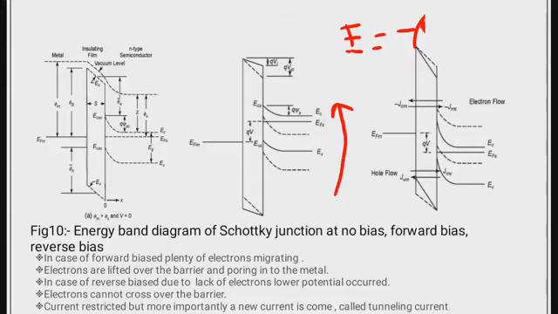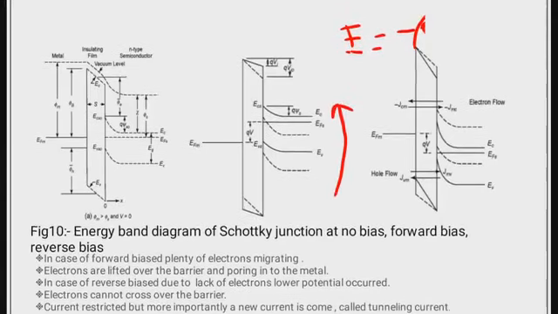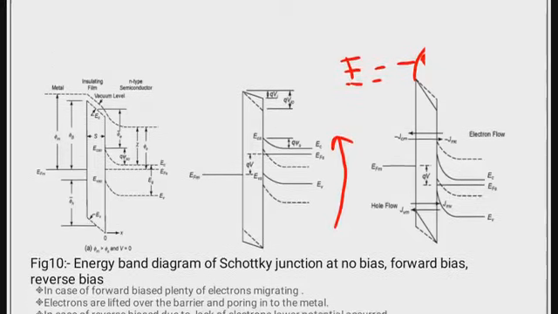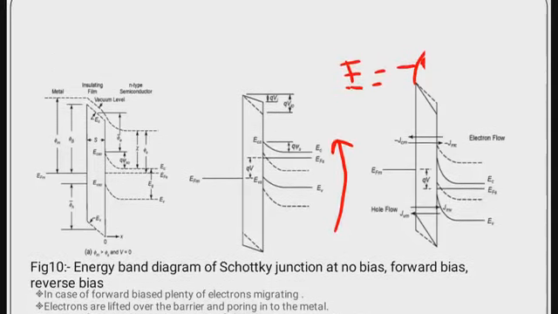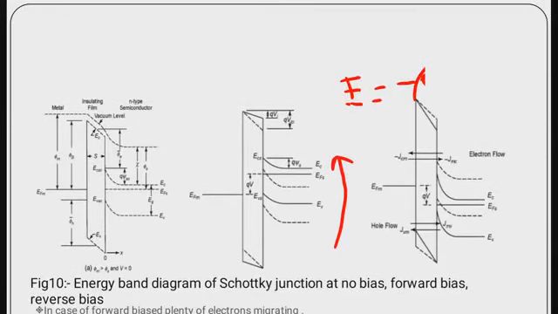Then electron A tunnels through the barrier, this is the barrier, tunneling through these barriers from the N to the P side, that means semiconductor side to metal side, and due to this tunneling a current will be generated, and this current is called the tunneling current.